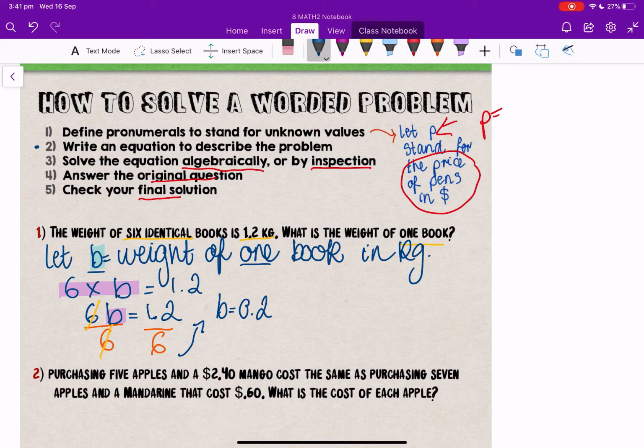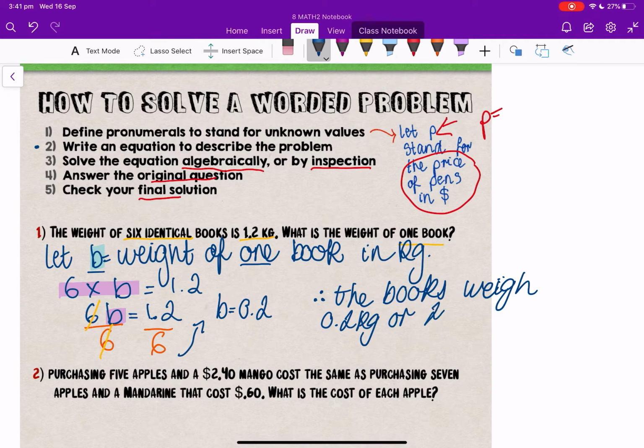Now let's have a look at step 4. Answer the original question. So we can say therefore, the books weigh 0.2 kilograms, or you can express that as grams, so 200 grams each.